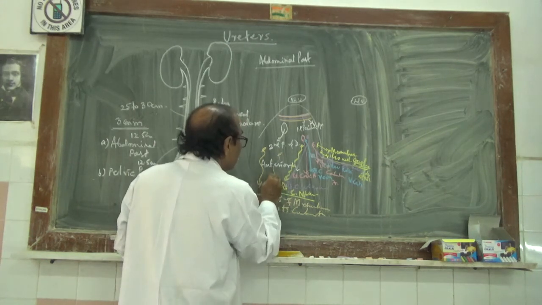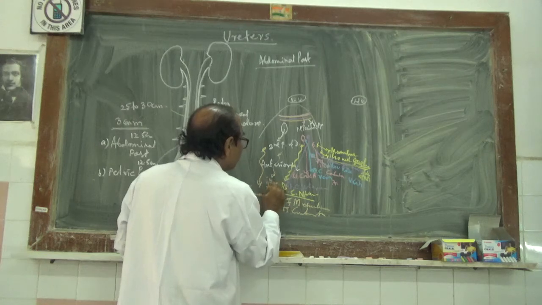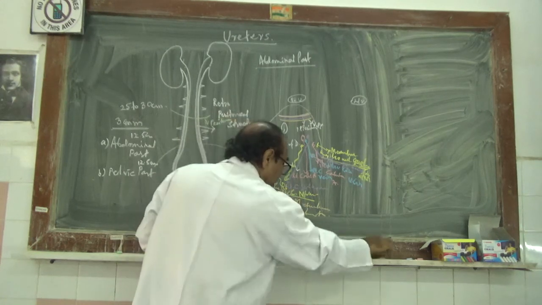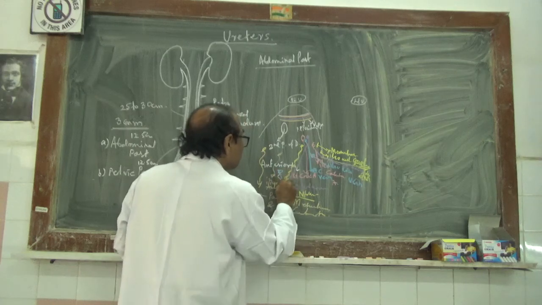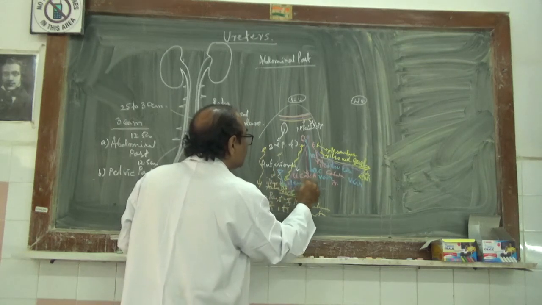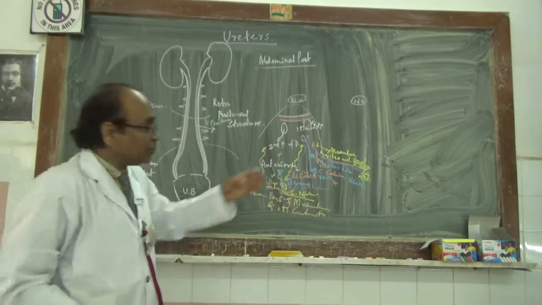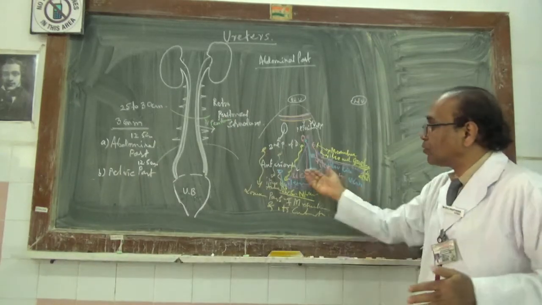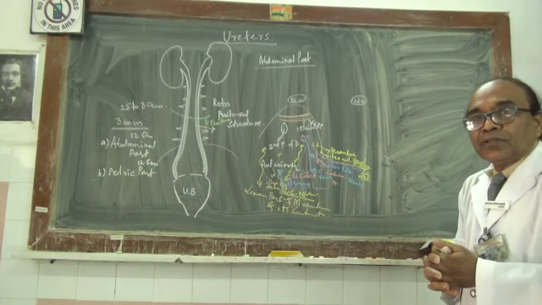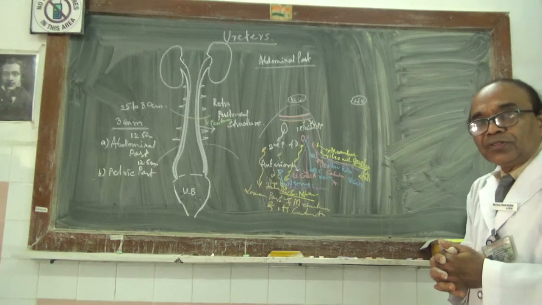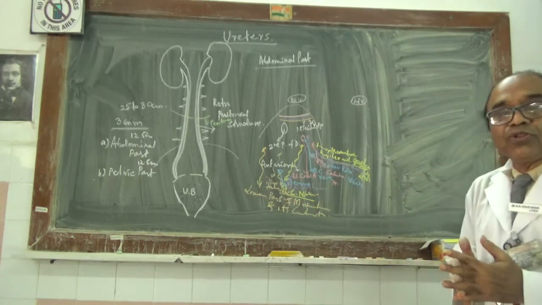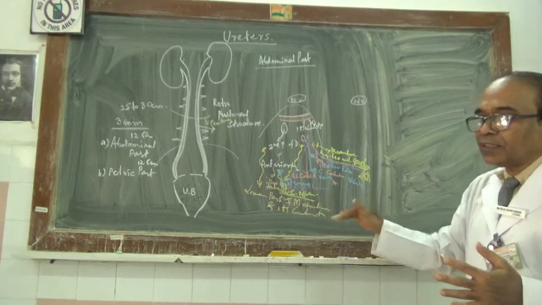Those are called the ileal arteries, ileal veins, sympathetic nerve filaments, mesenteric plexuses of nerves, lymph nodes, and lymph vessels. So these all things will be there in the lower part of the mesentery.